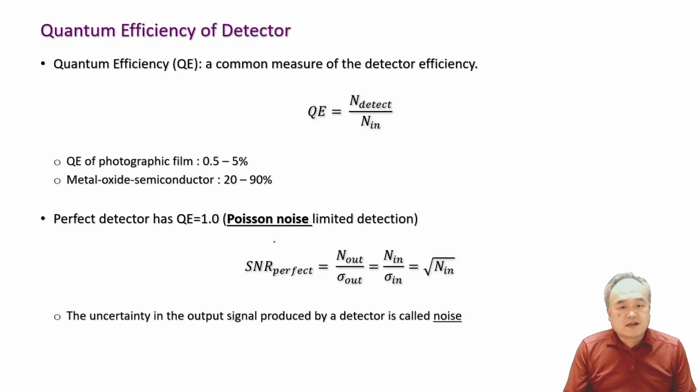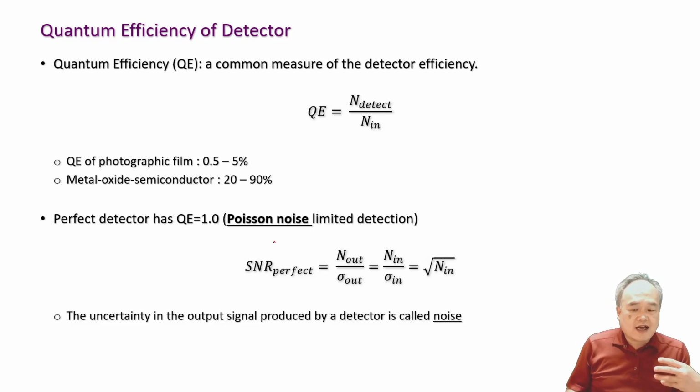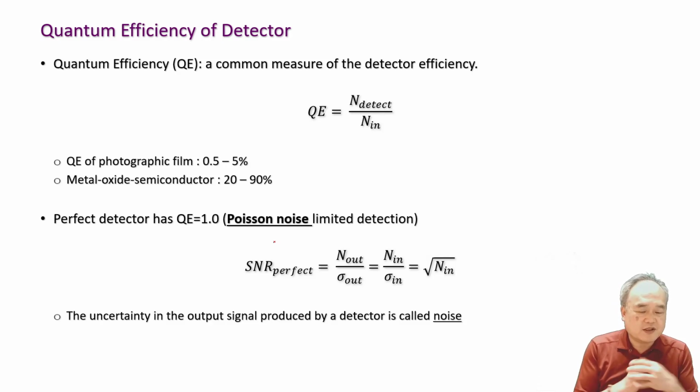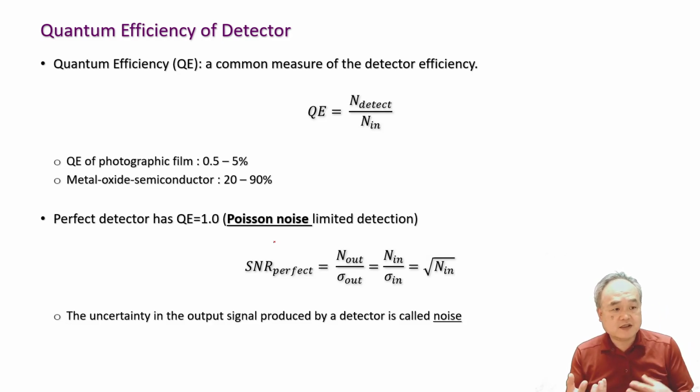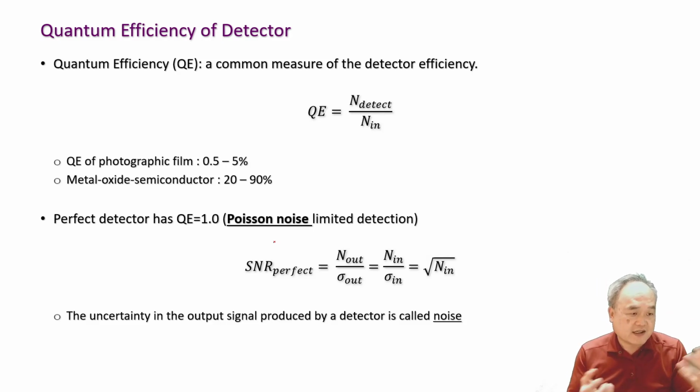One important characteristic of a detector is how sensitive it is to the incident photons. For example, one good way of measuring the performance of the detector is: if there are 100% incoming photons, what percent of the photons are detected?